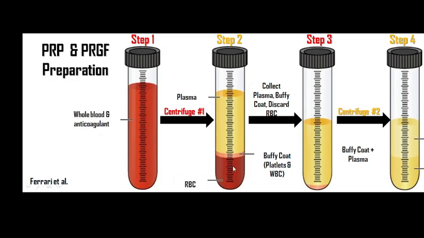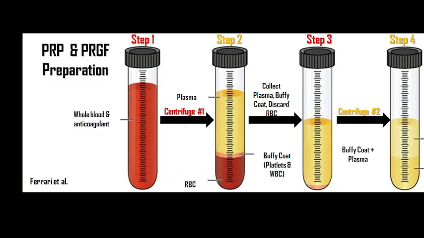This blood is first centrifuged for 5 minutes at 1100 rpm, which results in the separation of whole blood into 2 layers, as we see in this tube. The upper yellow plasma layer containing platelets, leukocytes, and clotting factors, and the lower red-colored layer containing erythrocytes or RBC. The yellow plasma layer is separated and the lower erythrocyte layer is discarded.